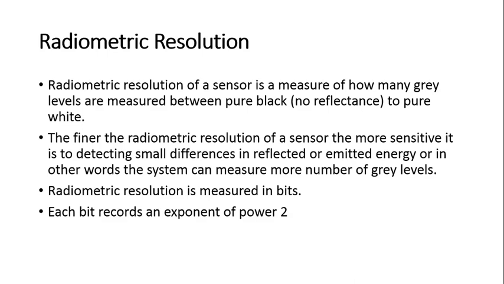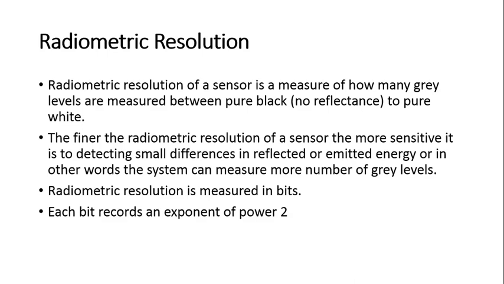So if you have any confusion, I am repeating it: the second point, which is much more important for understanding the radiometric property of a sensor, is that the finer the radiometric resolution of a sensor is, the more sensitive it is in detecting small differences in the image, in the reflected energy, or it could be emitted energy.